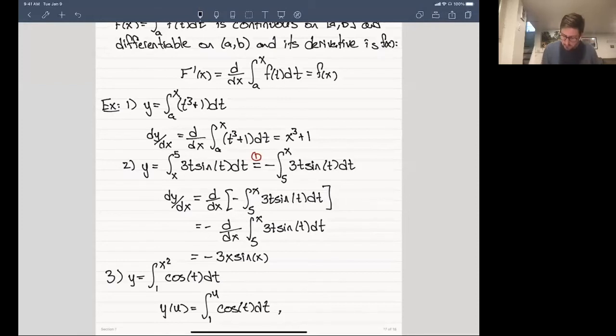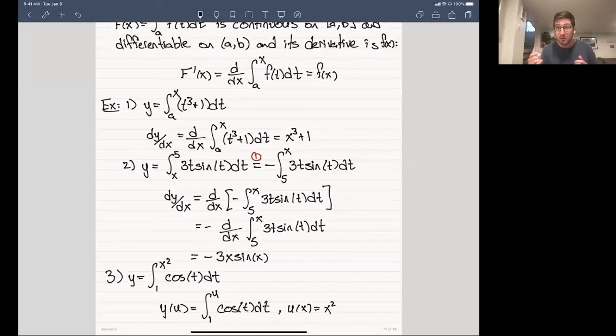And the value of u is determined by a value of x that I give you. So I give you x, you square it, that gives you u. Now you take that u value and you put it into y, and that gives you a y value.